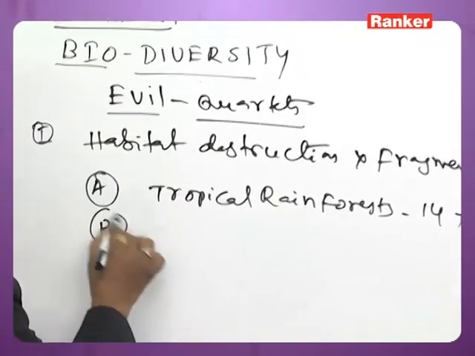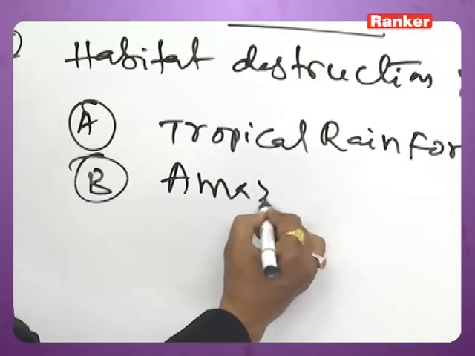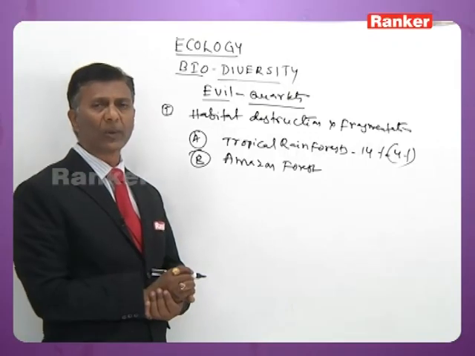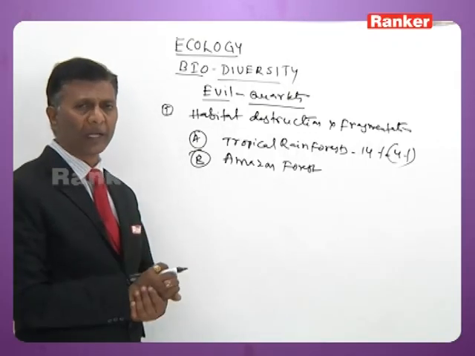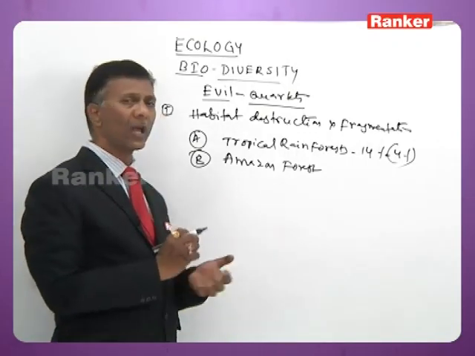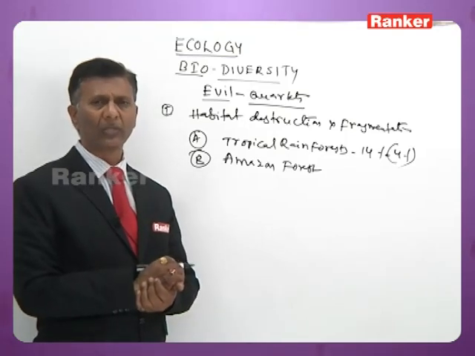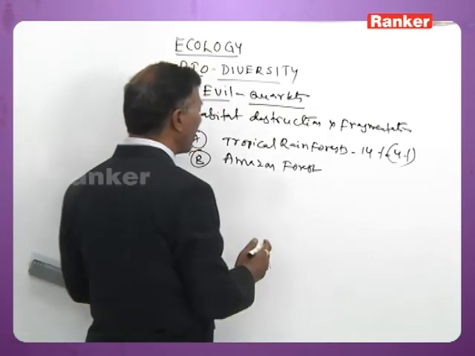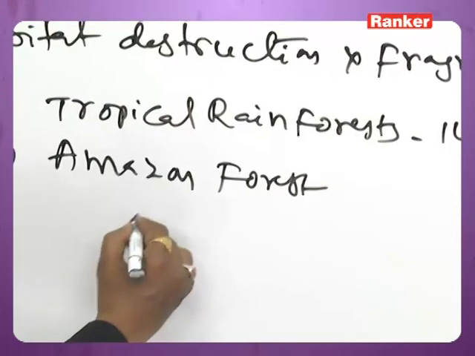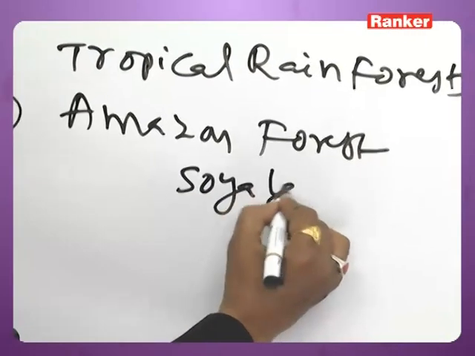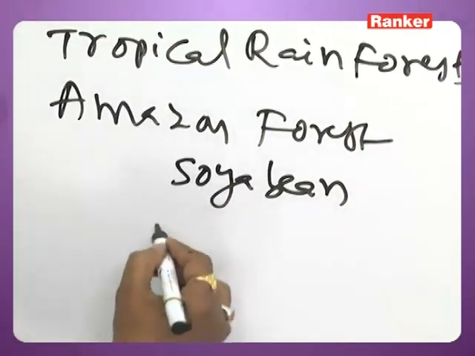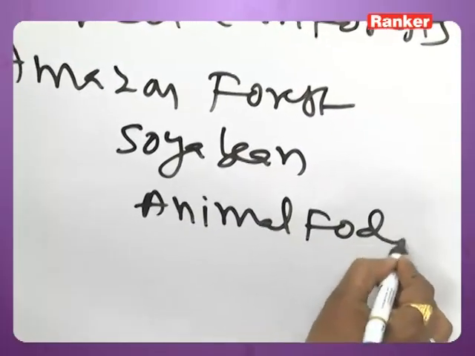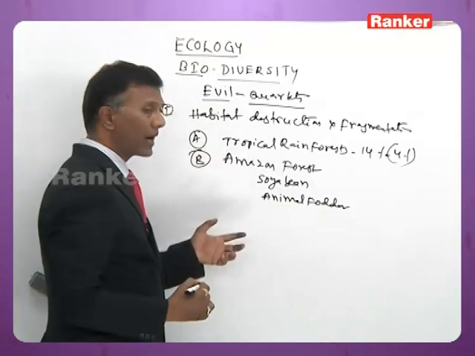In the same way, the Amazon forest, once it was considered the lung of the planet, is also being destroyed. The trees are being cut down ruthlessly for several reasons. Mainly the trees are being cut to grow soya bean, and to grow animal fodder and grasslands.